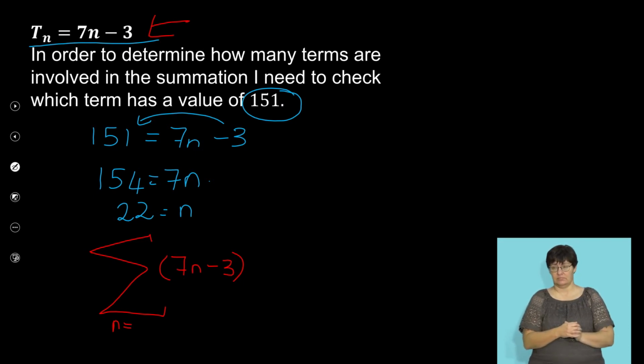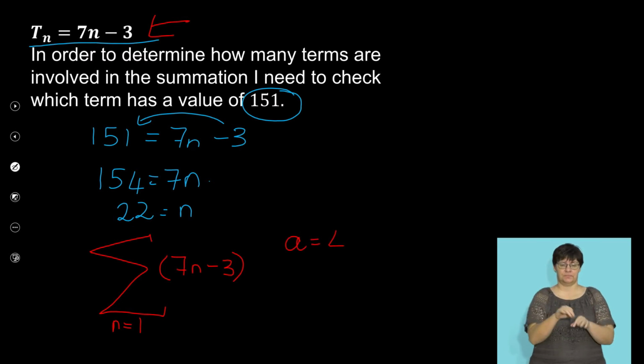So we know that if I substitute in n is equal to 1, that is going to get me the value of 4. So that's telling the person who sees the sigma that term 1 is equal to 4, and that is the first term involved in this sum.